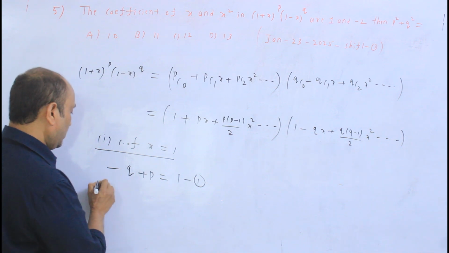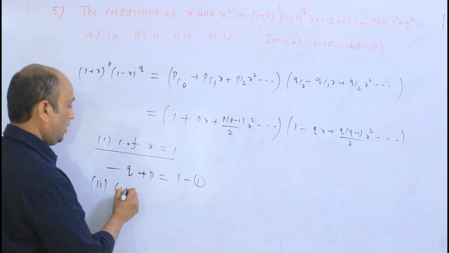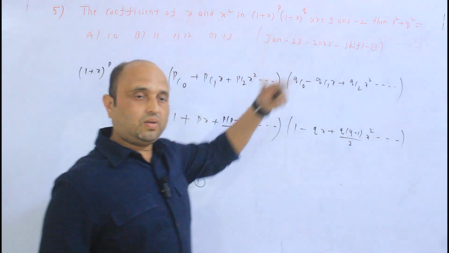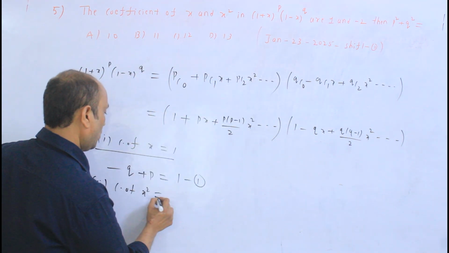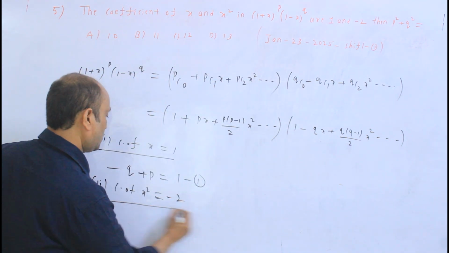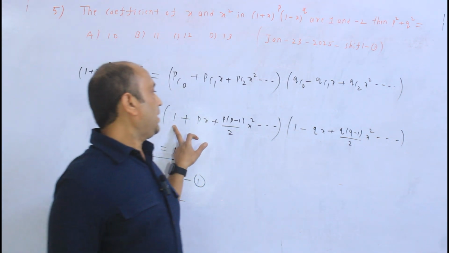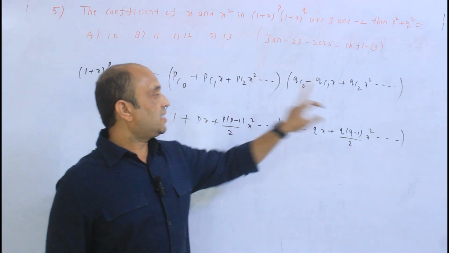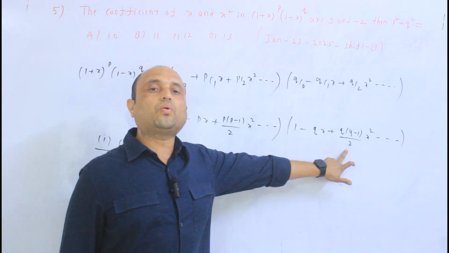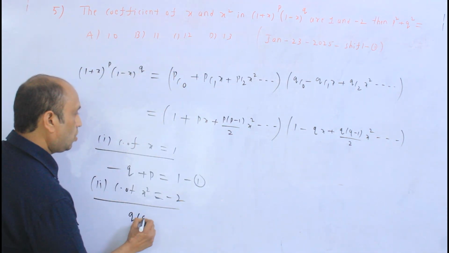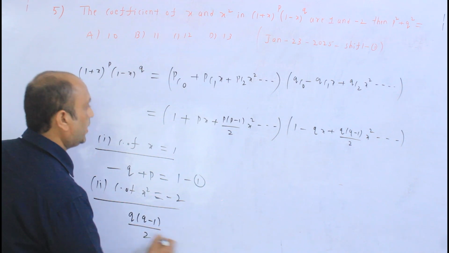And the second equation is the coefficient of x square. Coefficient of x square is already given as minus 2. So if 1 is multiplied with the x square term, then only we will get the coefficient of x square: 1 multiplied by q into q minus 1 by 2.